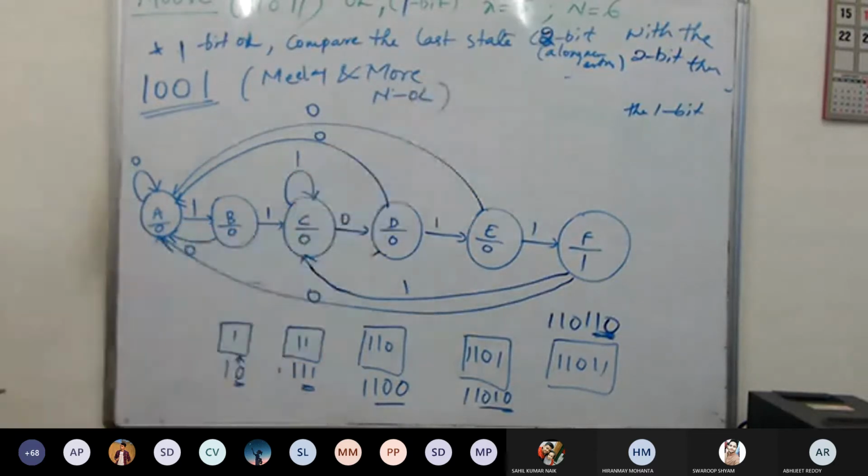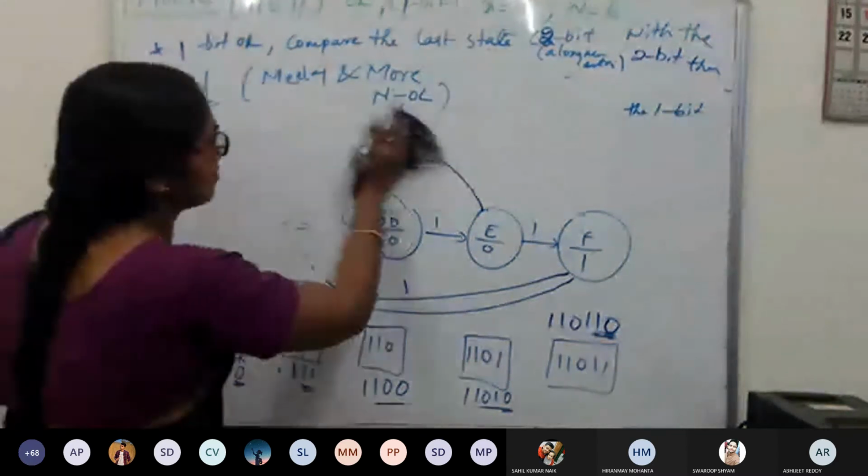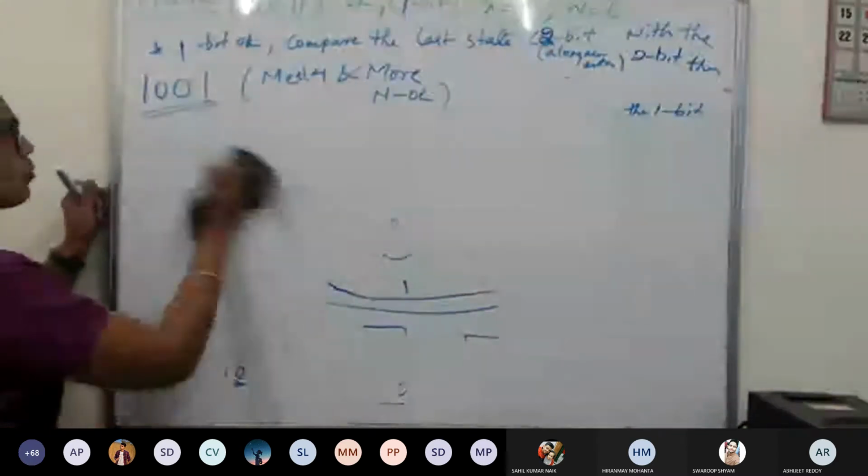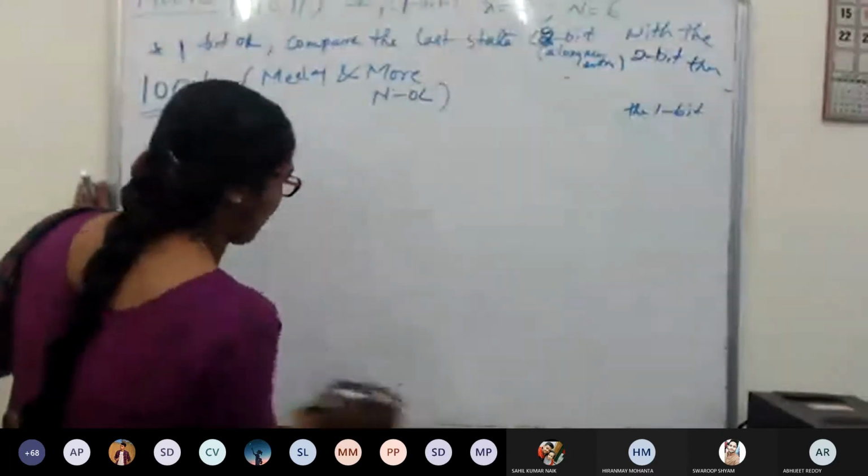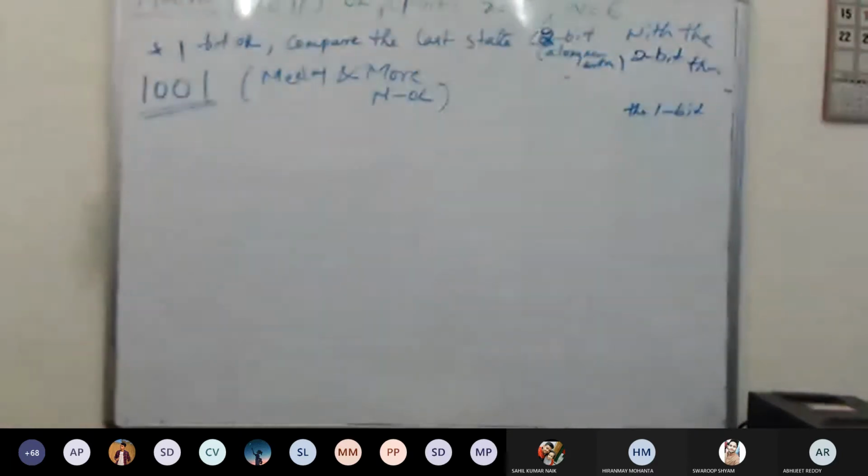Alright, so quickly post it. Quickly post it. Mealy and Moore both non-overlapping. At present, only non-overlapping. 1001 sequence. Are you guys doing or not?